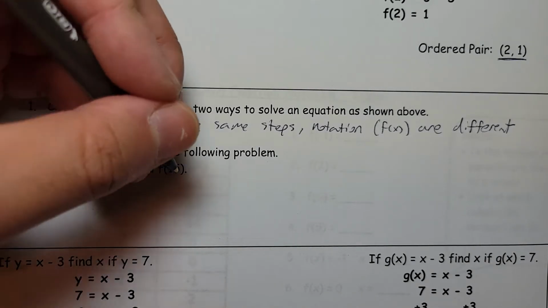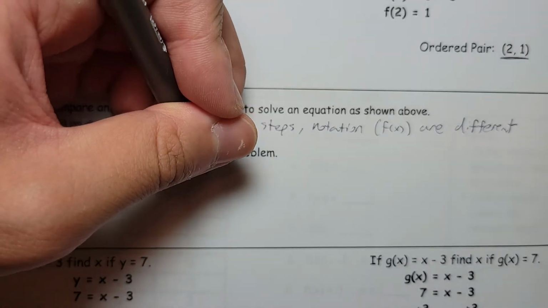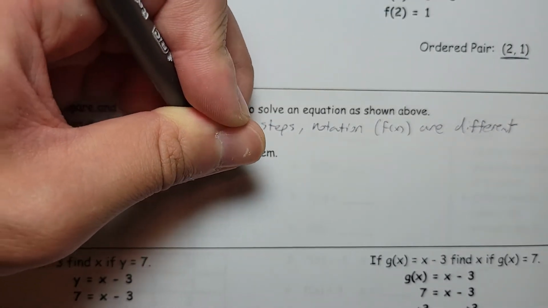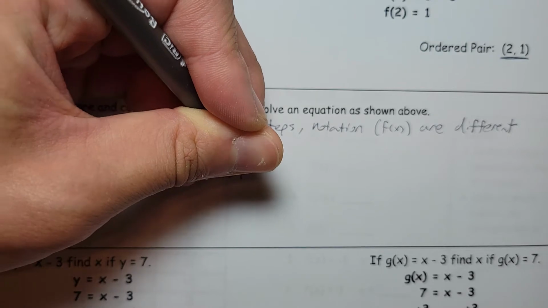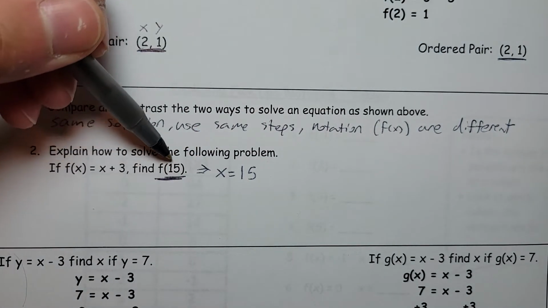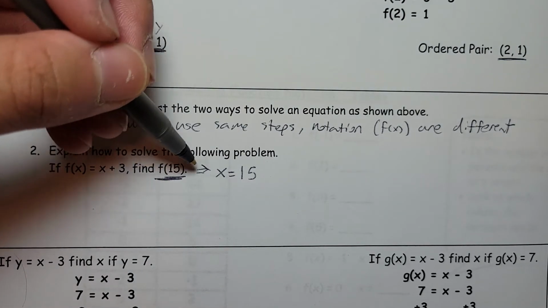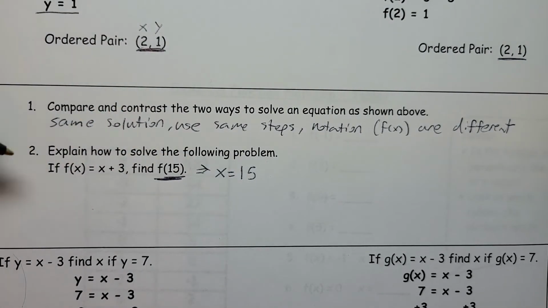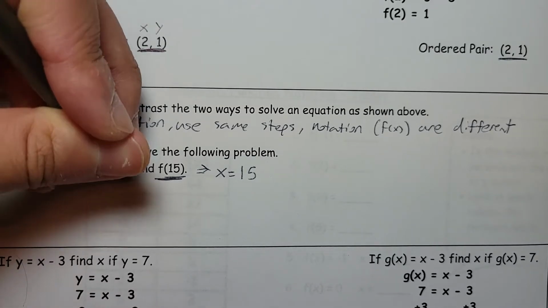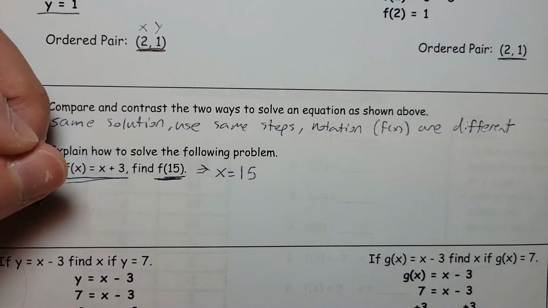Now keep in mind that when it says f of 15, this means x equals 15, because inside of these parentheses would be our x value. And if x equals 15, then we could plug it back into this equation. So let's rewrite this out.